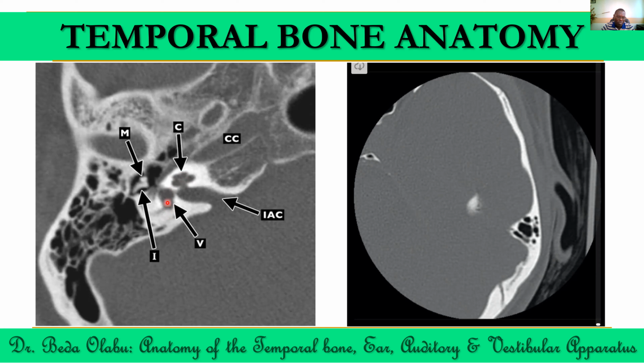This other one, which is behind the cochlea, is the vestibule. And remember that the semicircular canals will be posterior superior to the vestibule. So in this axial, horizontal cut, you may not see most of the components except this other one here, which is the lateral semicircular canal.